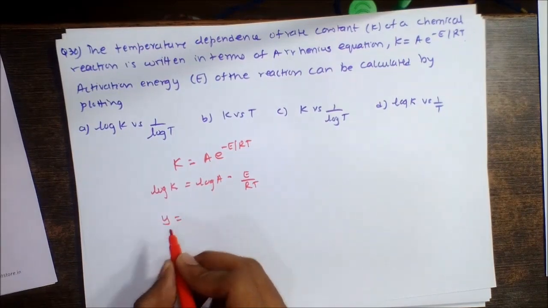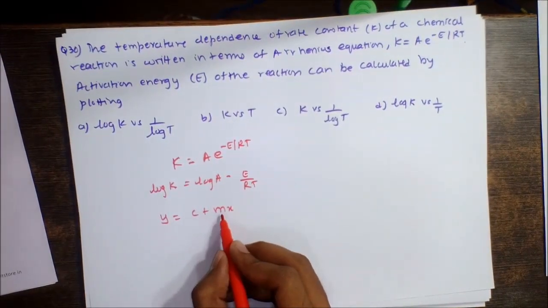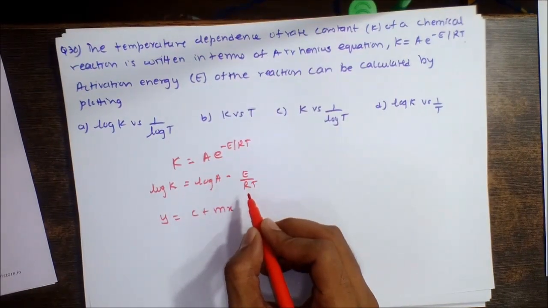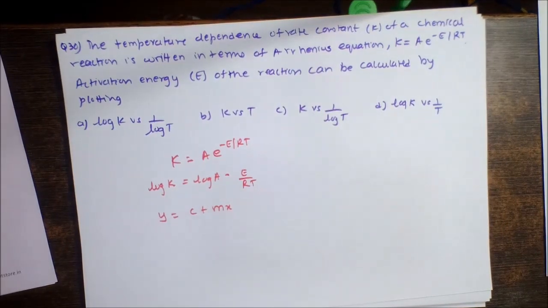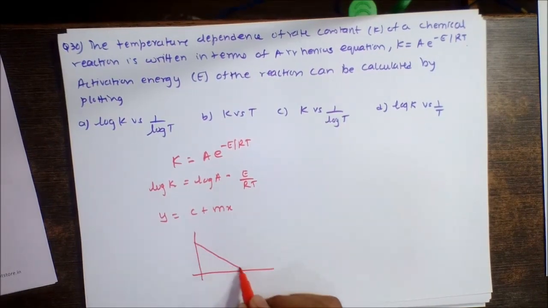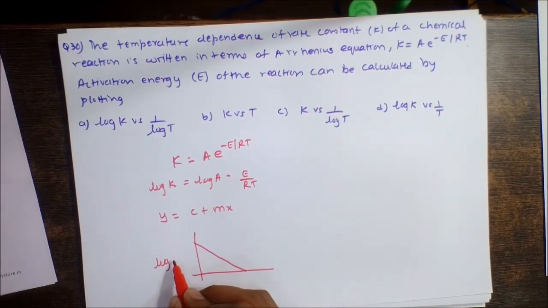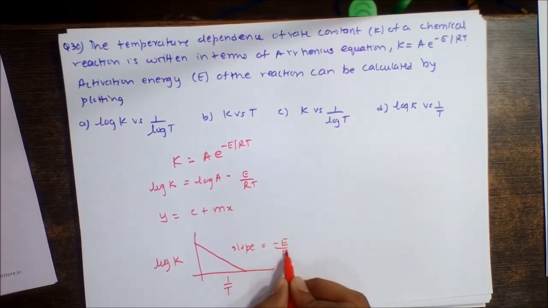This equation represents y equals C plus mx. Here your slope is minus E by R. Since the slope is minus E by R, the line would be a straight line with negative slope. Therefore, the graph would look like where log K is on y-axis and 1 upon T is on x-axis, and the slope would be minus E by R.